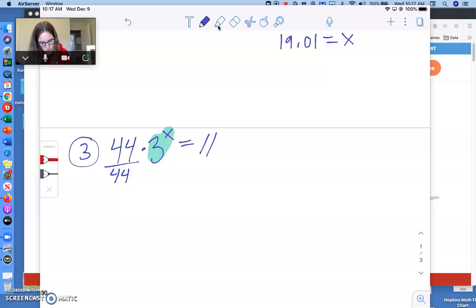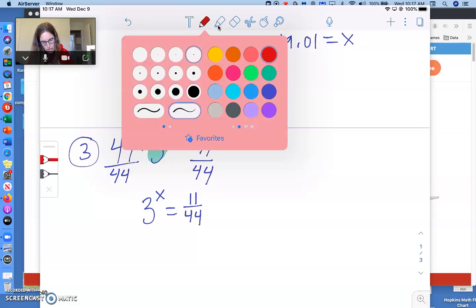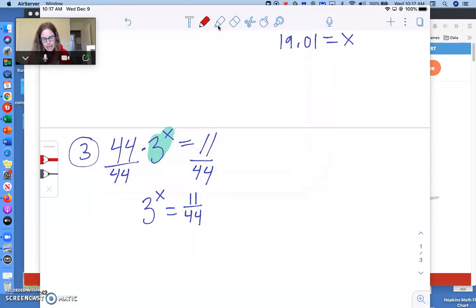So divide by 44, divide by 44. So we have 3 to the x equals 11 over 44. And now we can add that log because that base and exponent's by itself. So log of 3 to the x equals the log of 11 over 44.